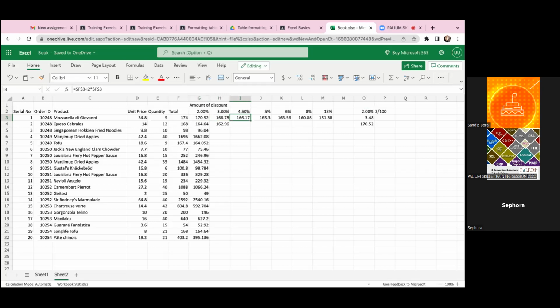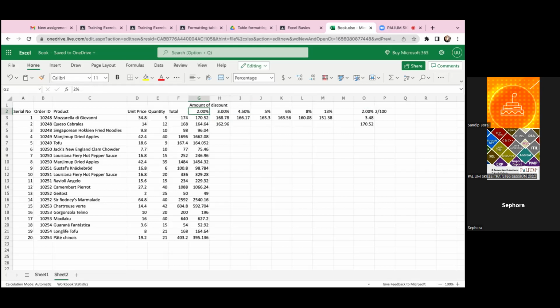Right? Sandeep, is this clear? Sir, can I say something? Yes. When I'm going to the right side, I have to fix the G column, right? No. I have to fix my row.